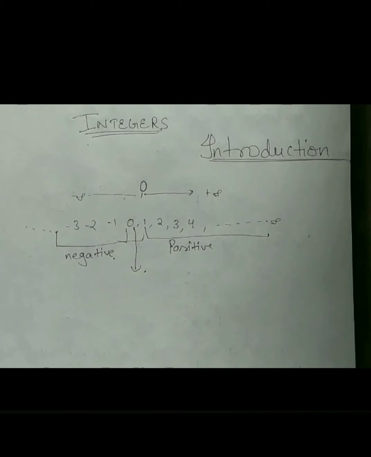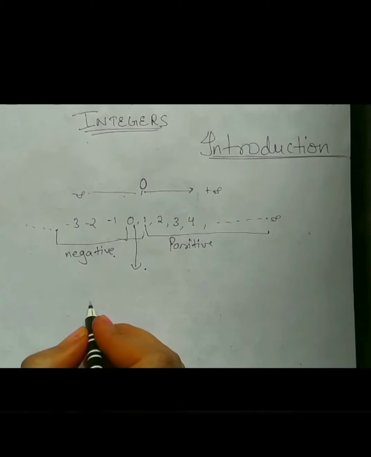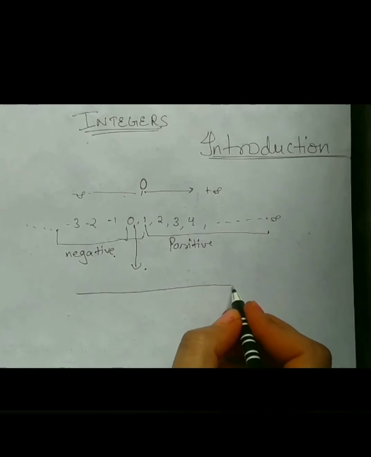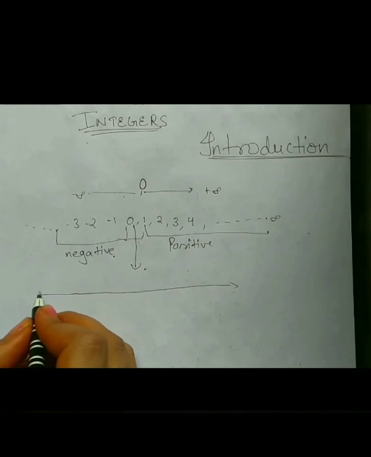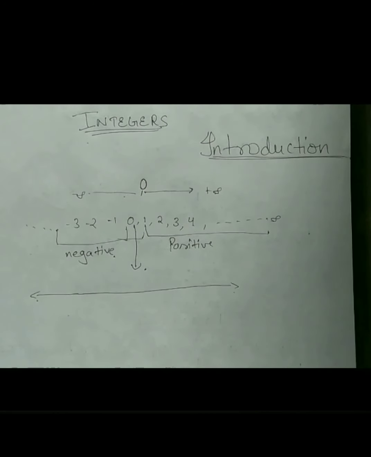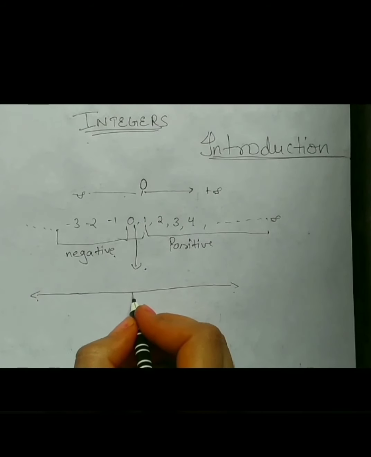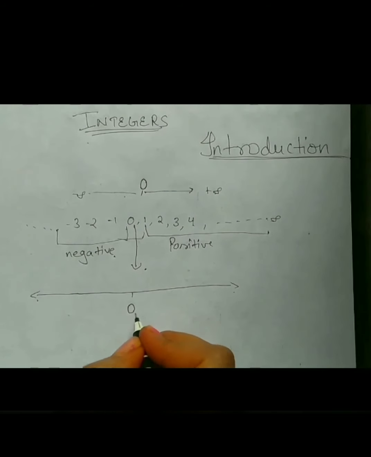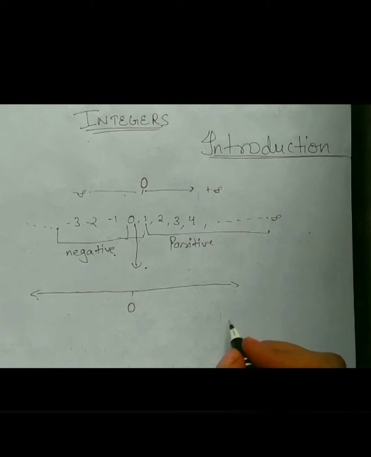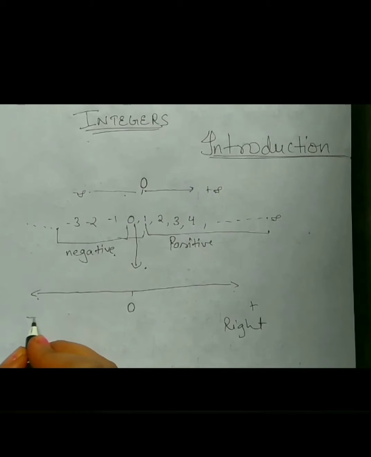Now let us see how to plot these integers on a number line. Here we have a line. First of all, plot 0 and on the right hand side we have our positive integers and on the left hand side we have our negative integers.